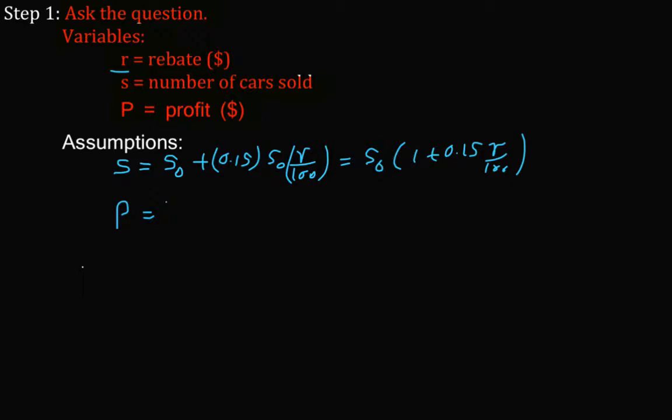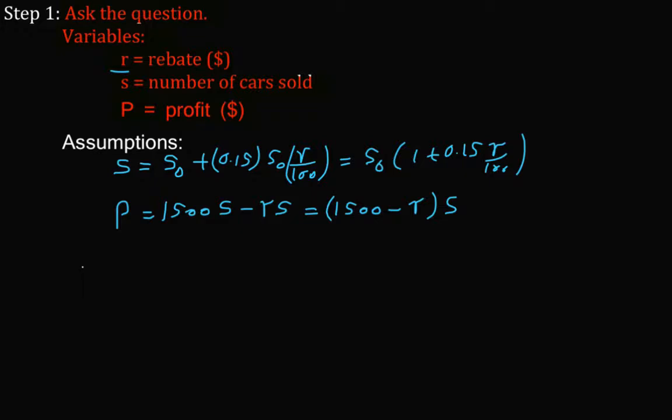Therefore their profit should be 1500 for one car multiplied by number of cars S. But they offer a rebate, therefore it should be minus the rebate R for one car, and total rebate R times S. So you can simplify this as 1500 minus R times S.